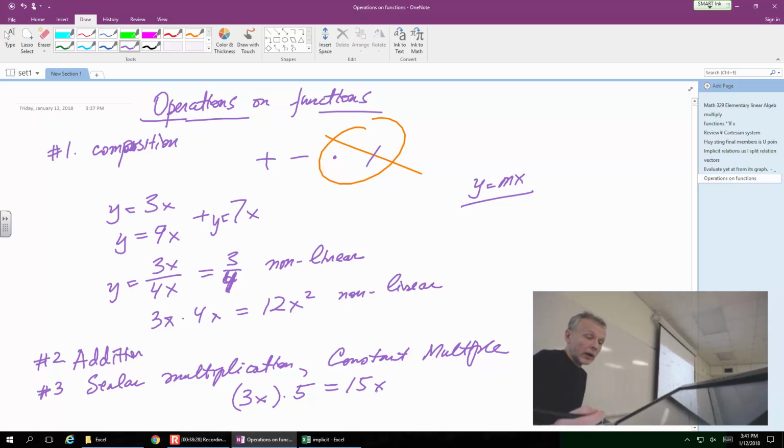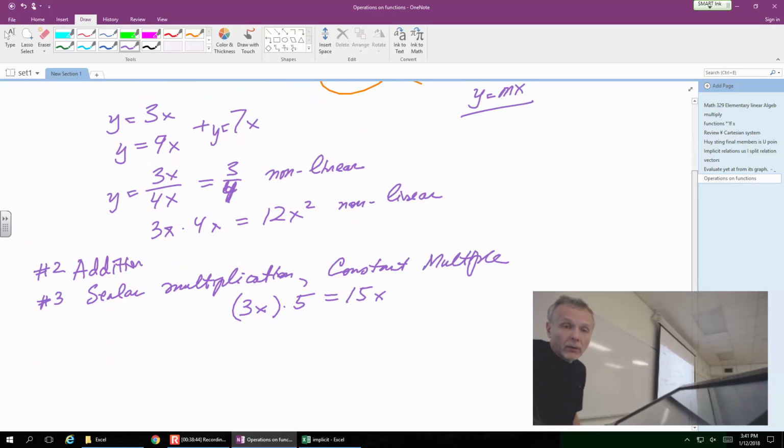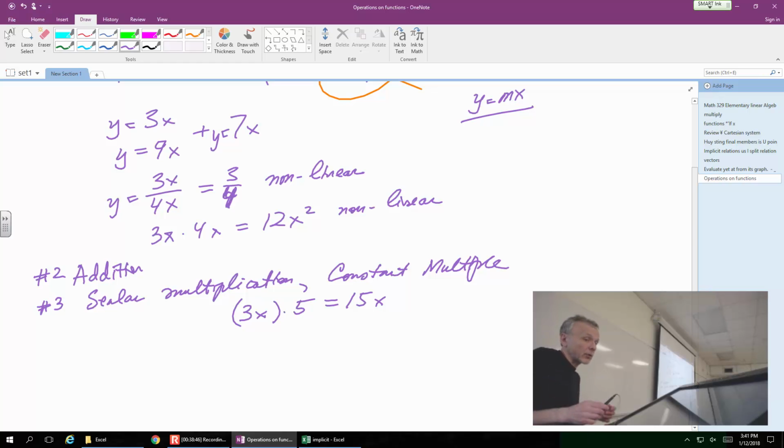So once again, we're trying to have operations on functions. Since we are studying linear algebra, we limit ourselves to linear functions only. We want to make sure that when we carry out these operations, we will not suddenly leave that domain of linear functions. As we noticed, it's very easy to demonstrate that mx plus nx is equal to (m plus n)x.